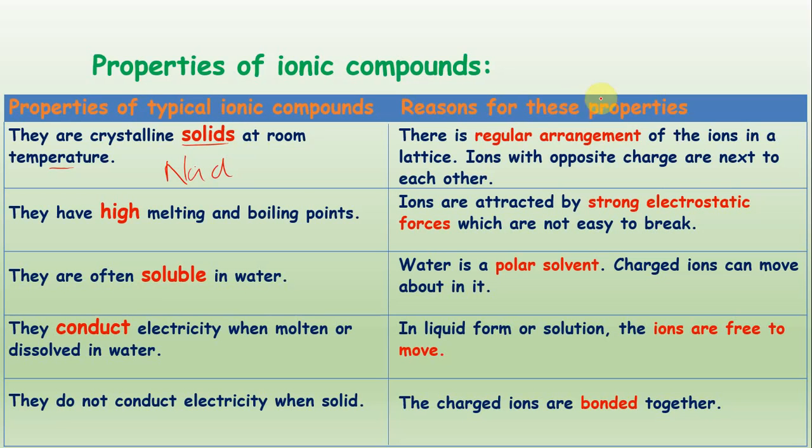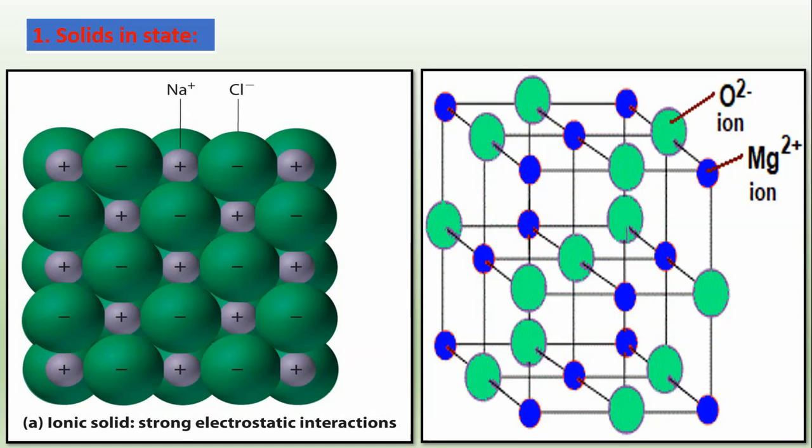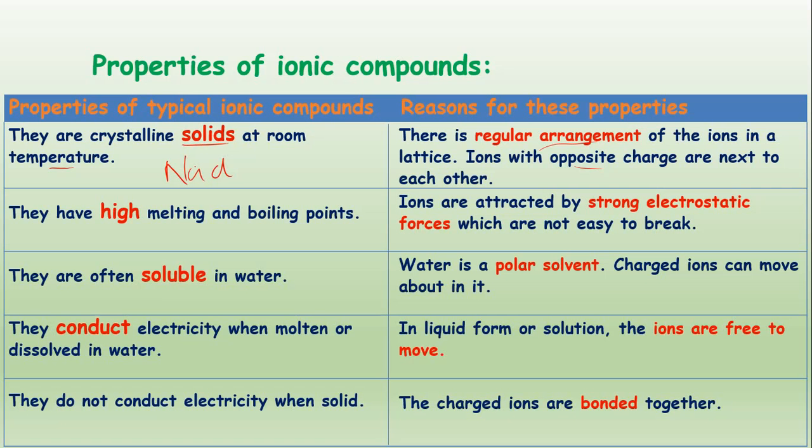The reason for this property is that there is a regular arrangement of the ions in the lattice structure, and ions with opposite charge are next to each other. Now look at the diagram I am showing you related to property number one. They are in solid state due to the regular pattern of ions.